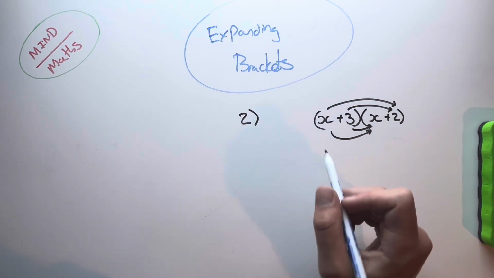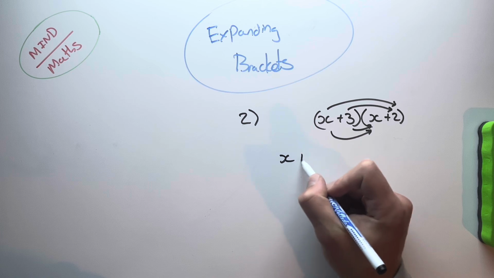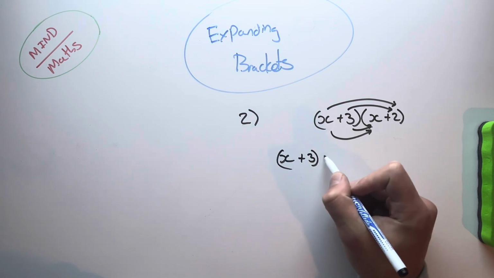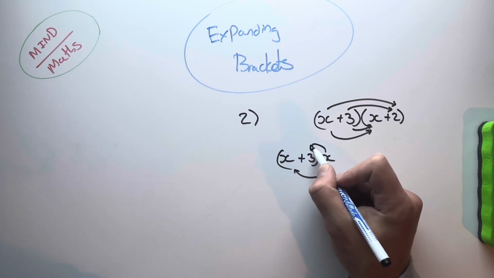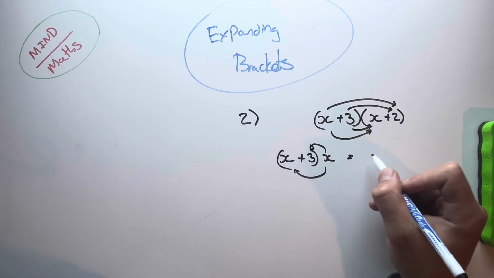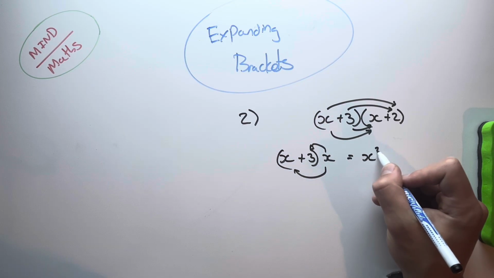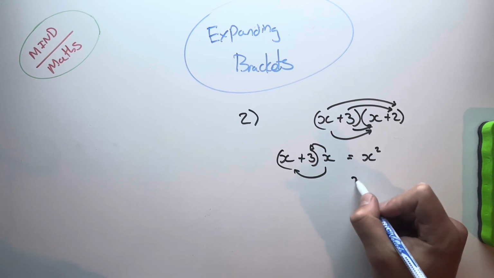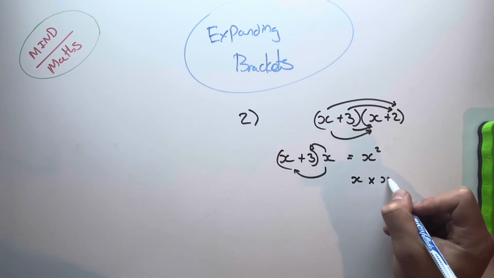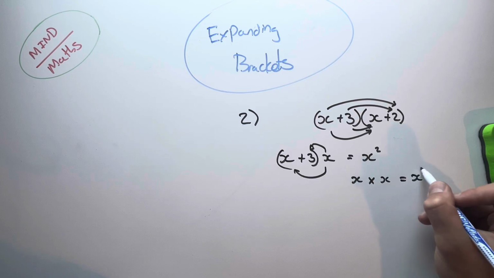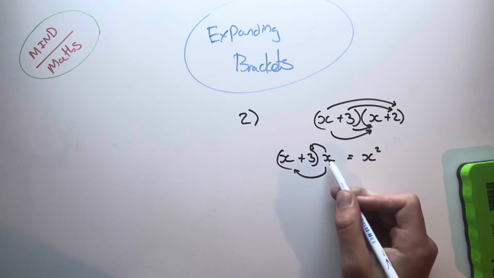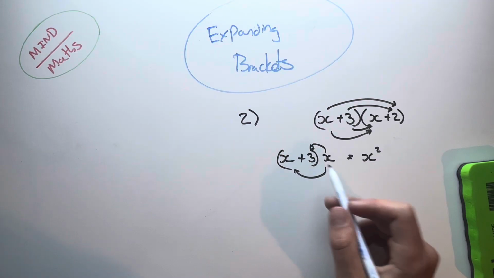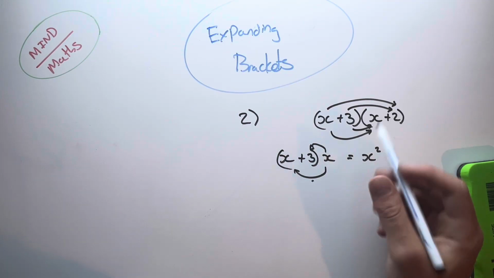First I'd like to show you, say if I had x plus 3 and I was just timesing it by x. I would times the x by that, and the x by the 3, which would make x squared, as x times x is equal to x squared, which I'm getting from this line here.